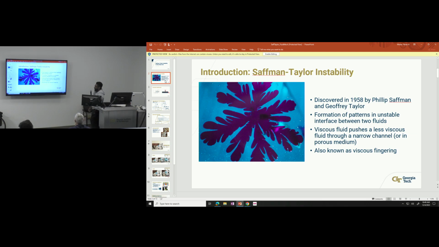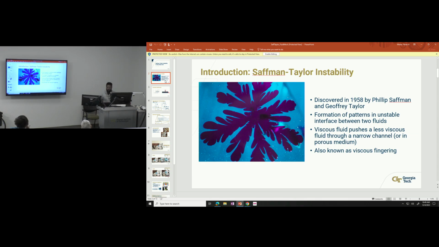It's a formation of a pattern in unstable interfaces between two fluids, specifically when a less viscous fluid is pushed through a more viscous fluid in a narrow channel or some type of porous medium. It's also known as viscous fingering, because it fingers out into finger shapes. So I'm going to use viscous fingering and Saffman-Taylor instability interchangeably.